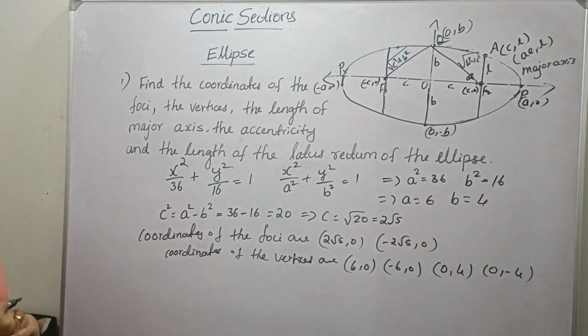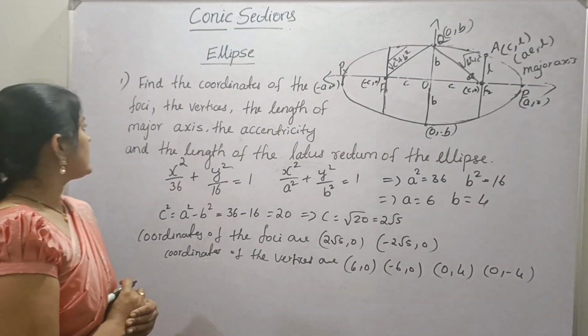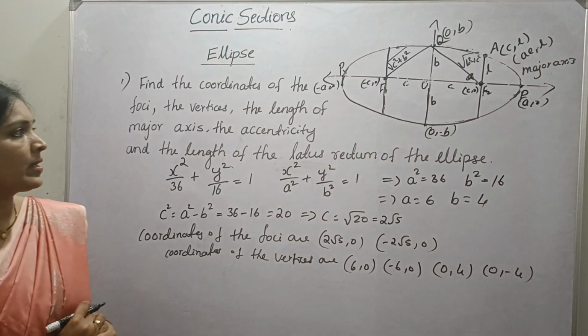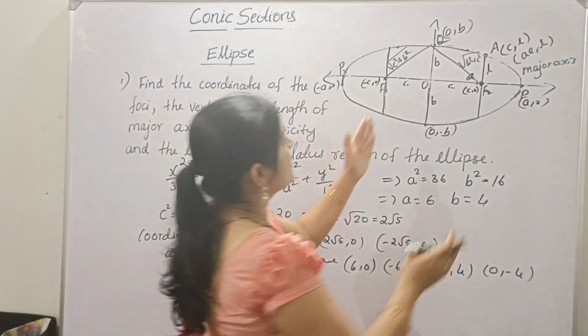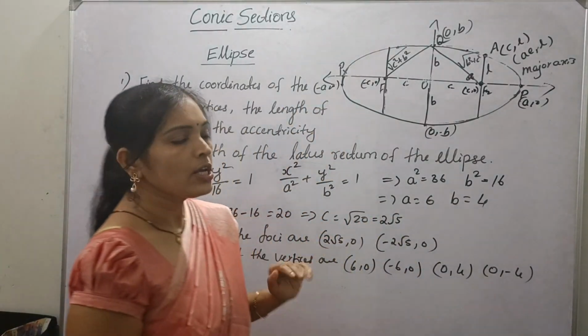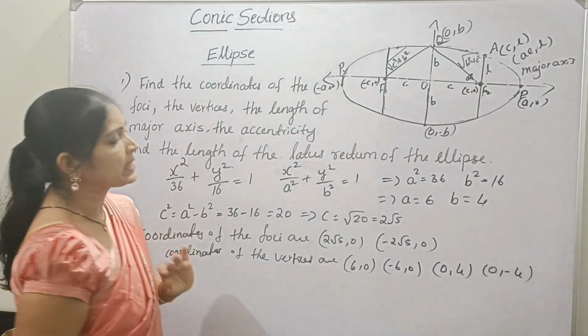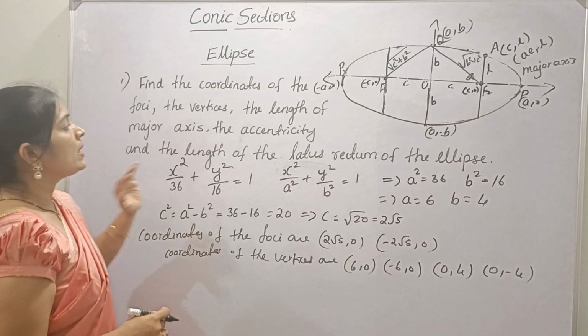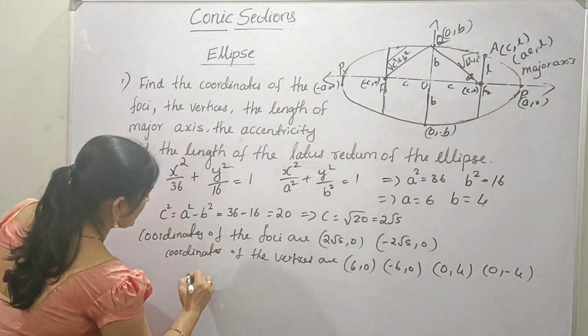These are the coordinates of the vertices. Next, the length of the major axis. Very simple. We know that it is a plus a, so 2a.